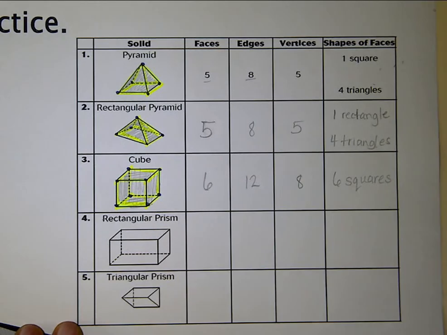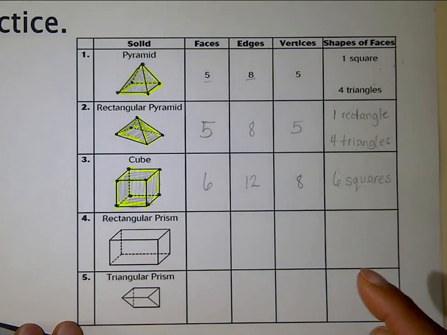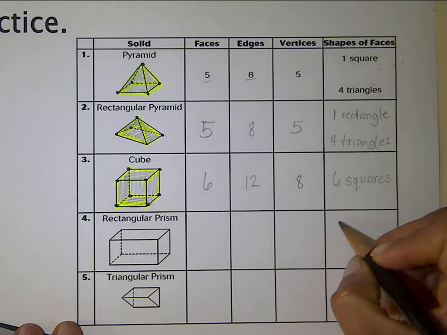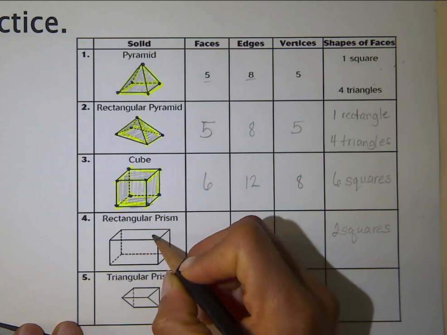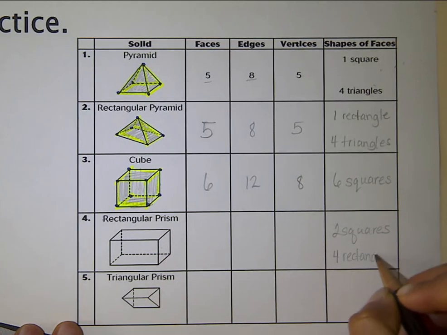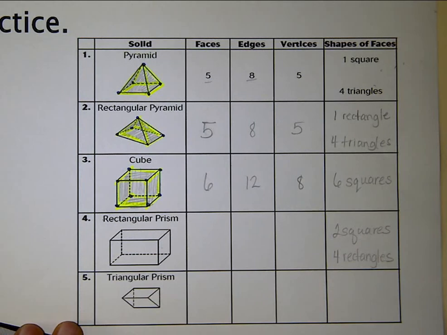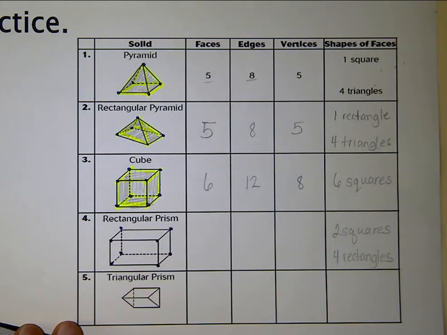Alright, let's go ahead and try the rectangular prism. I know that the rectangular prism is made up of 2 squares and 1, 2, 3, 4 rectangles. So let's go ahead and count the vertices. 1, 2, 3, 4, 5, 6, 7, 8. 8 vertices.